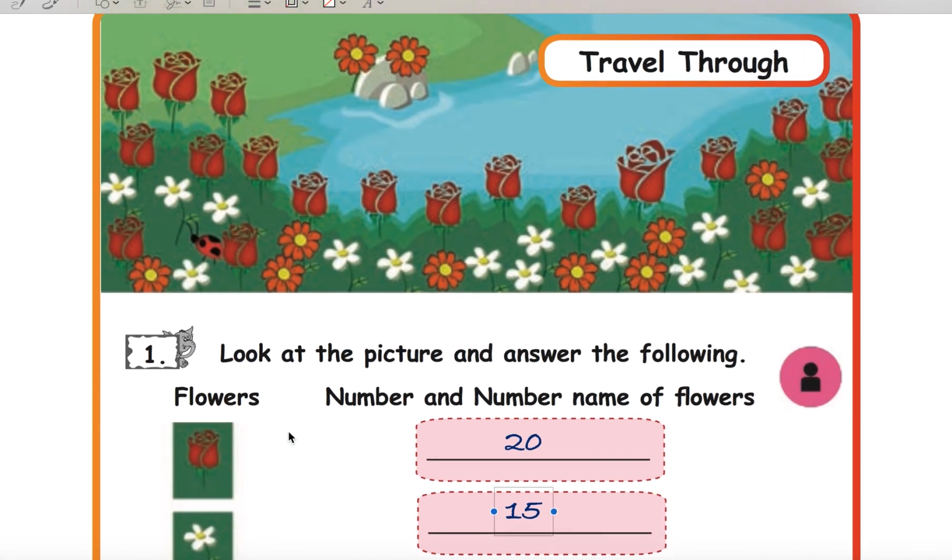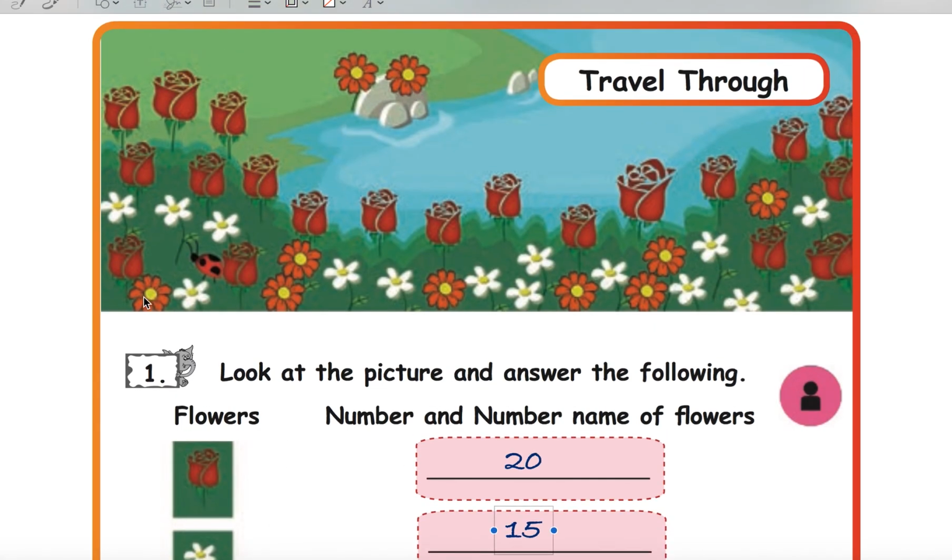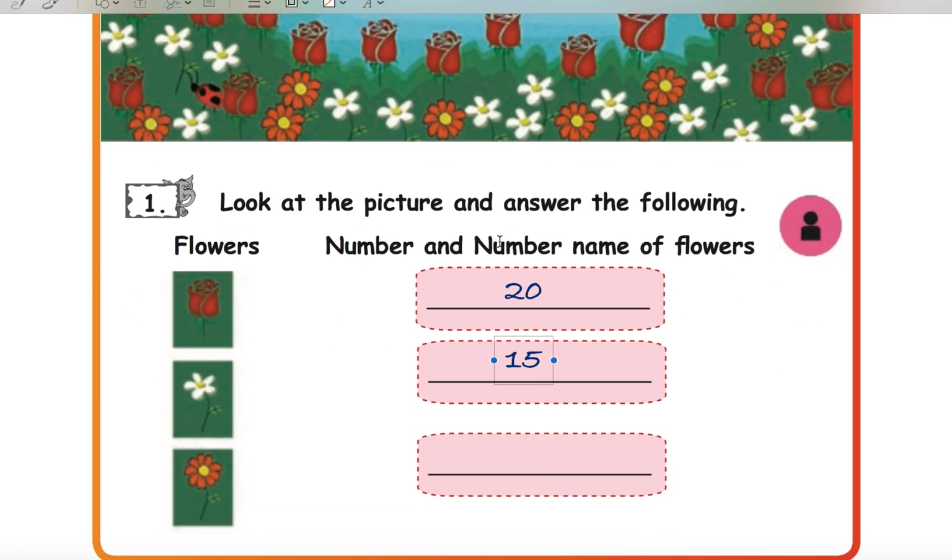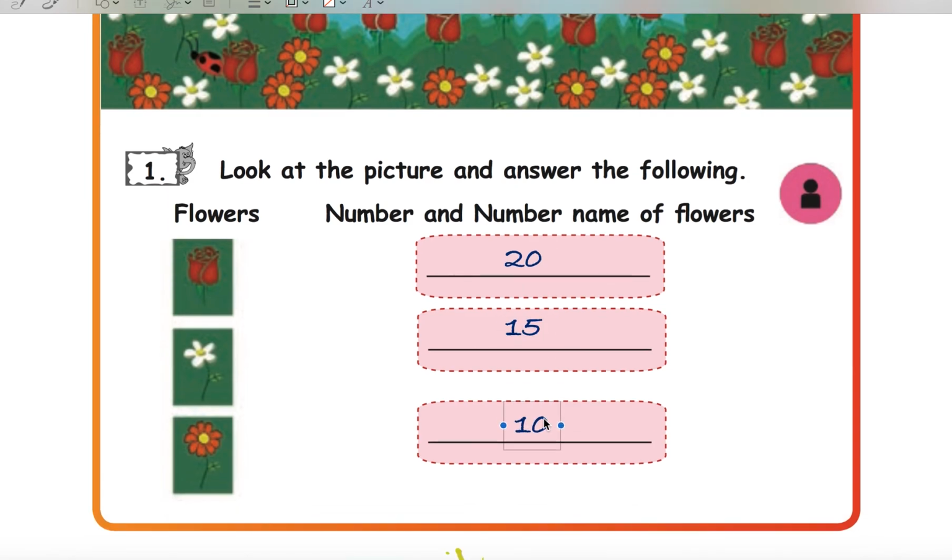This one 1, 2, 3, 4, 5, 6, 7, 8, 9, 10. See, the difference is only 5, right? First one is 20, second one 15, third one 10.